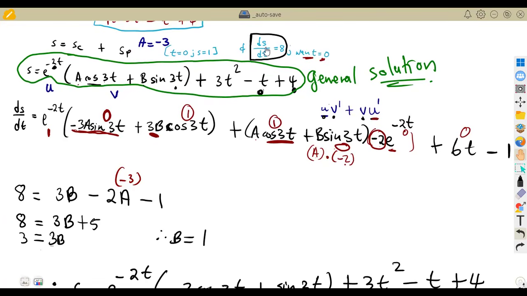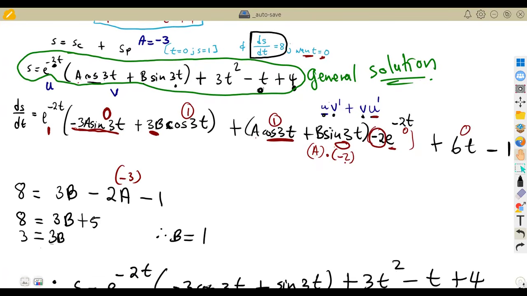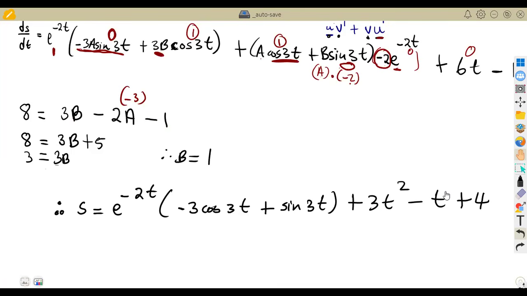If it was dy dx, that is for y and x. You have to find it like that, depending on what you're given. This was for s and t. And also do not confuse y and x with s and t. So you must be careful: ds/dt. Your equation is supposed to be s with respect to t.